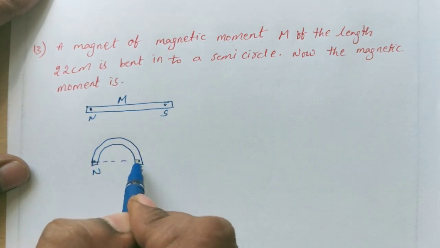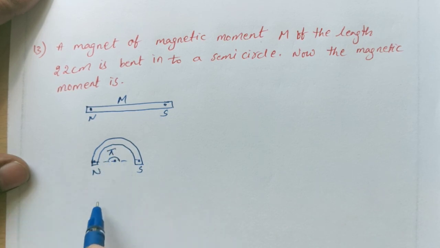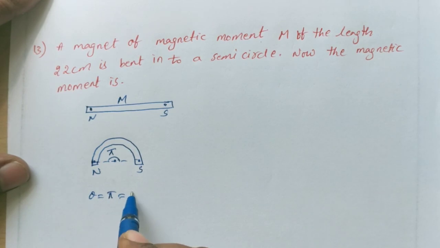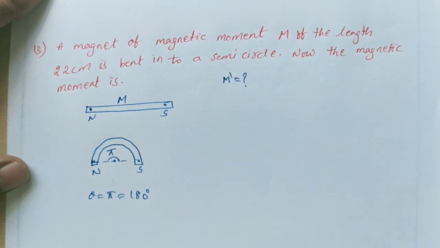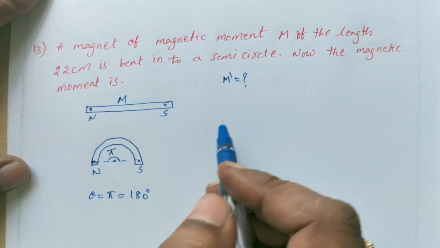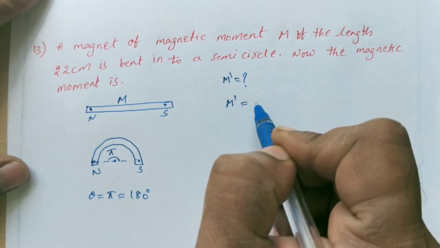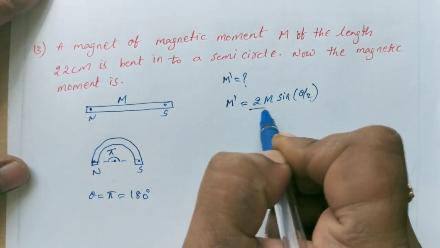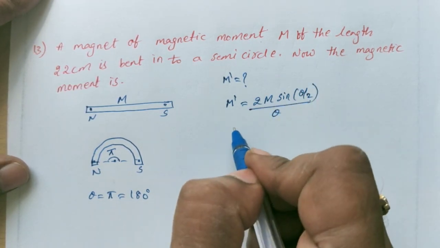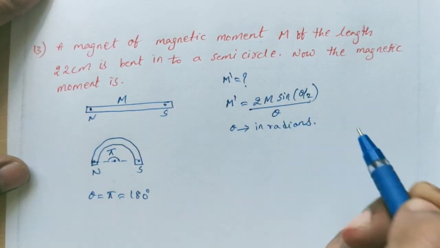See students, here at the center the angle maintained is 180 degrees, or pi radians, so theta is equal to pi. In this situation, what is the new magnetic moment m dash? When bent into an arc shape, m dash becomes 2m into sine theta by 2 whole divided by theta. Compulsorily, theta must be in radians only; we clearly mentioned that in the theory class.